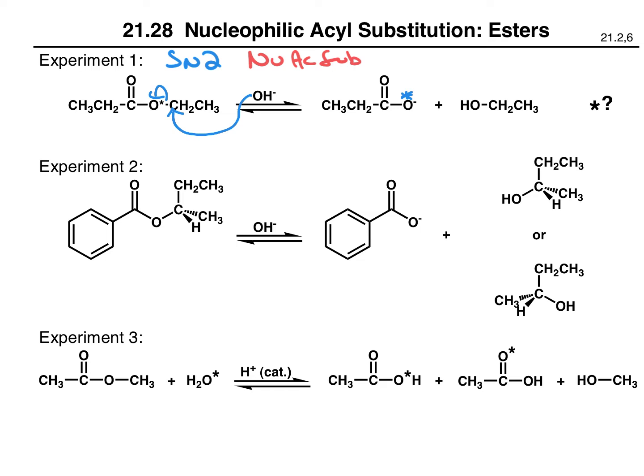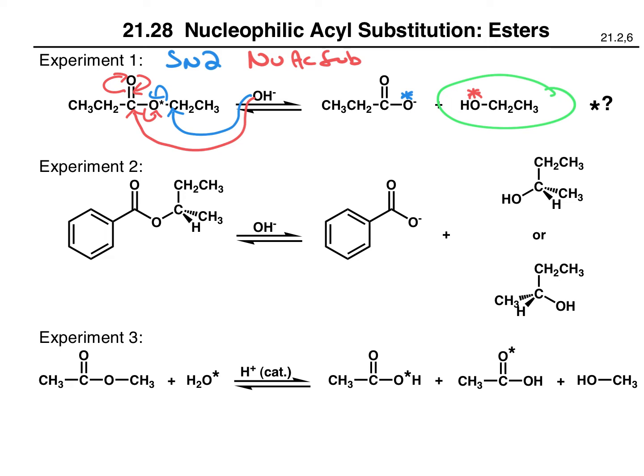But if it is nucleophilic acyl substitution, then hydroxide adds here, this goes up, this comes back down, this is kicked out, so that means that the radiolabel would end up on the alcohol. And what was observed experimentally is this. Therefore, it's consistent with nucleophilic acyl substitution, and it disproves SN2 reaction.